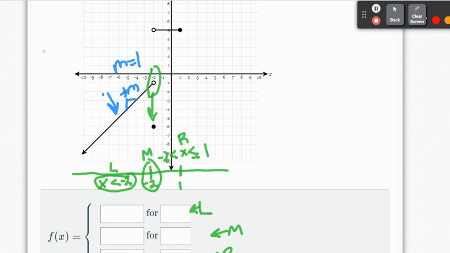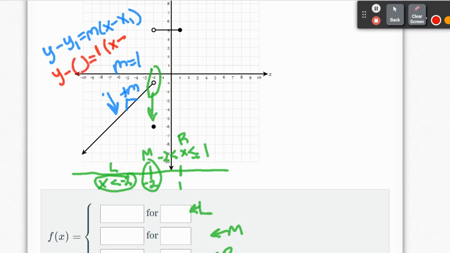But just for review, I'm going to use the point slope form. y minus y1 equals m times x minus x1. So I just need a point and a slope. My slope is 1, so we have m is 1. I write y minus, x minus, and everything's ready for me to just fill in a y and an x to have that slope set up.